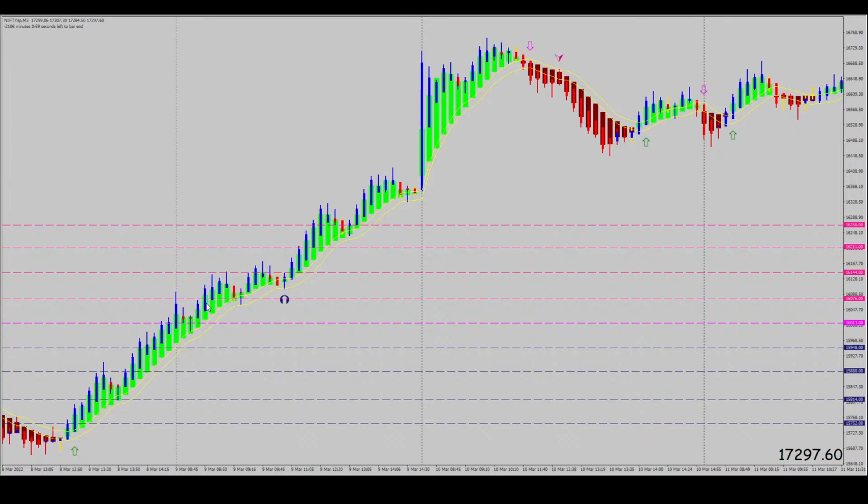S1 was breached right around approximately 9:20 a.m., so within the first few minutes, and then eventually hit a resistance at S2, and then pulled back again to S1. So technically, for a manual trader, this is a long entry here with a defined stop loss just around this level, a level below this.